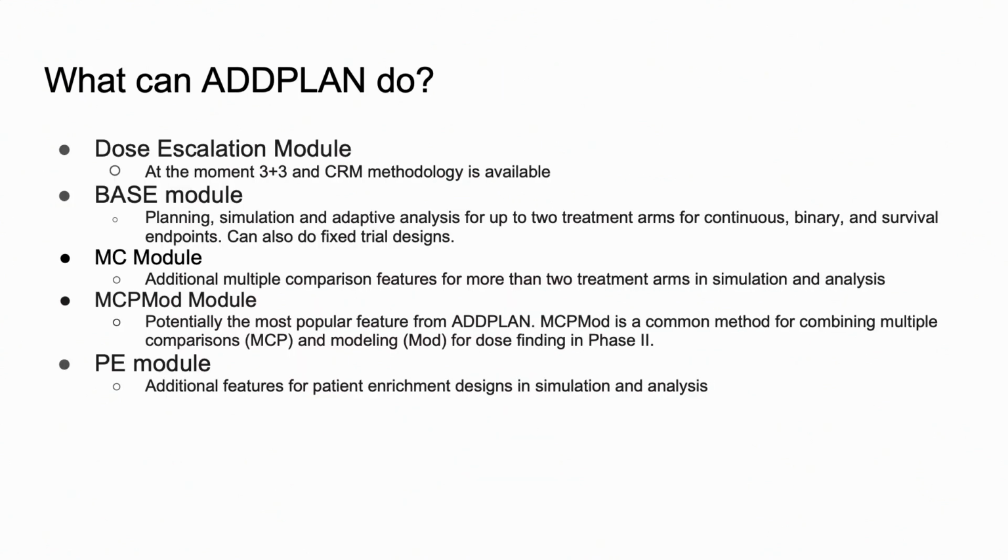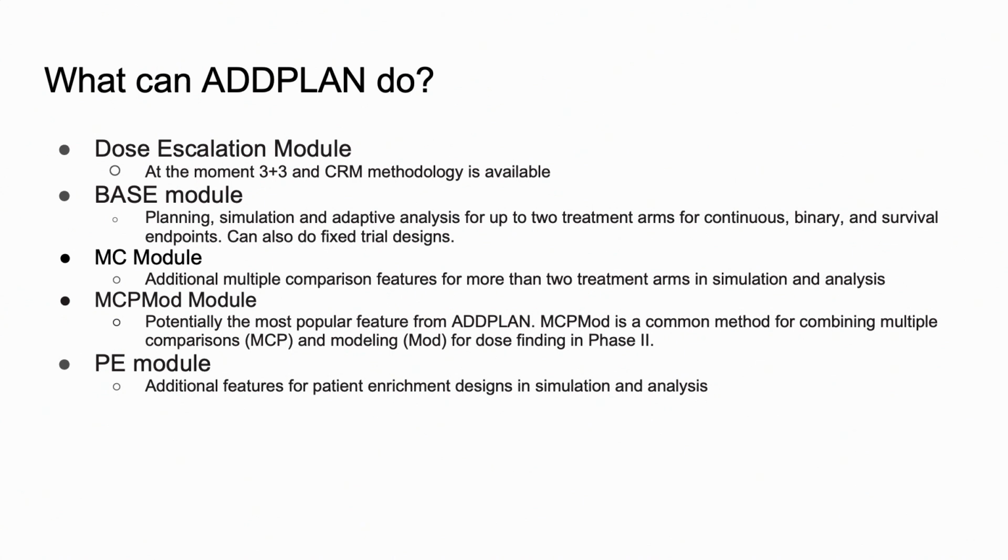So again, what can ADDPLAN do? We can do dose escalation modules, which at the moment includes 3+3, and CRM methodology is also available. In the base module, we have planning, simulation, and adaptive analysis for up to 2 treatment arms for continuous, binary, and survival endpoints. We can also do fixed trial designs.